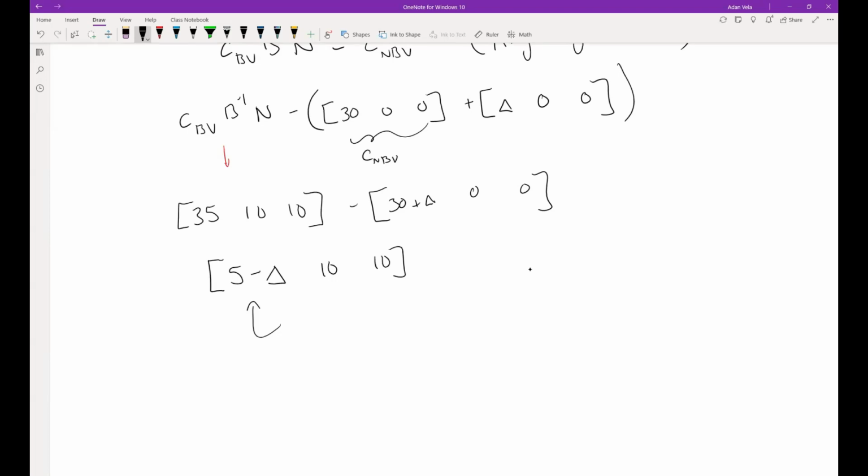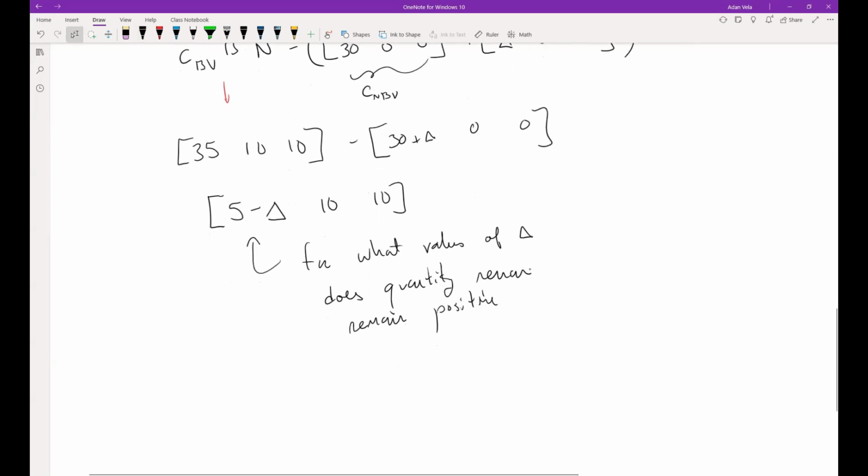Basically, we check when 5 minus delta is still greater than or equal to 0.